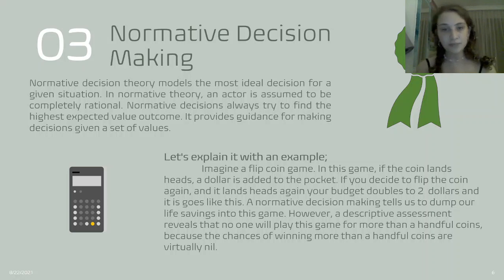If you decide to flip the coin again and it lands heads again, your budget doubles to $2, and it goes like that: 2, 4, 8, 16. Normative decision making tells us to dump our life savings into this game because you have a probability to win this game a million times.